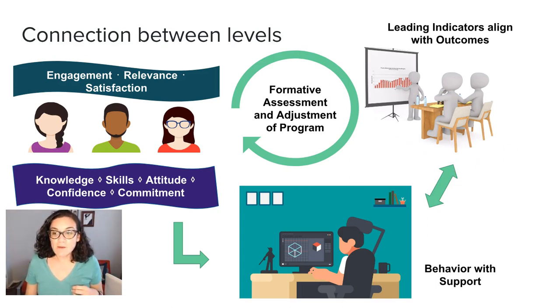So the other part of the question was which levels I have done. So I obviously have done level 1 and 2. To a degree, I have done some evaluating of the changes in behavior. As a coach, one of my jobs is to do training and then provide the support that comes after on an ongoing basis, and then try to look for key indicators to assess those outcomes.